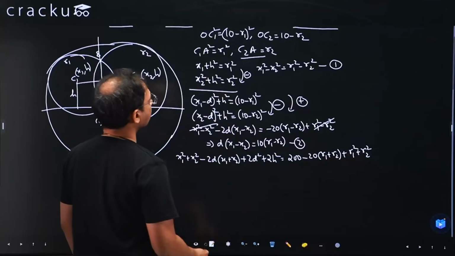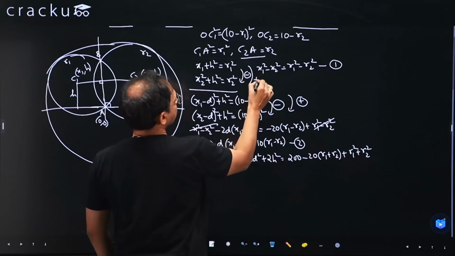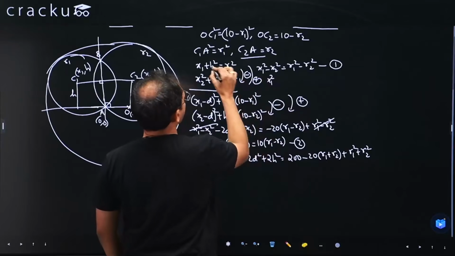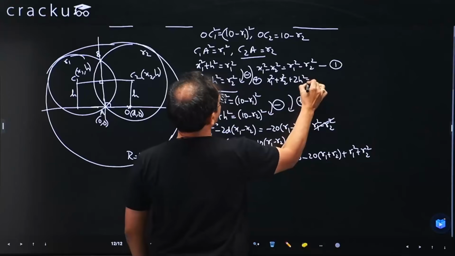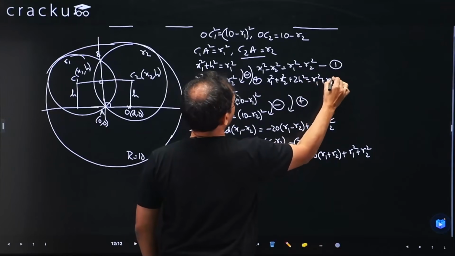Now what to do with this? You add the first two, we get x1 square plus x2 square plus 2h square is equal to R1 square plus R2 square.